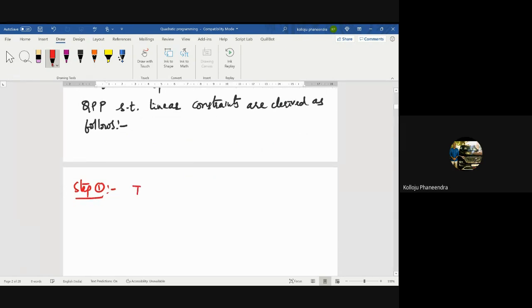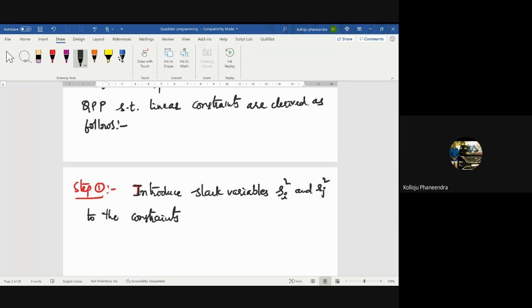First, step 1, introduce slack variables. Introduce slack variables, si square and rj square to the constraints. Then QPP, quadratic programming problem becomes.